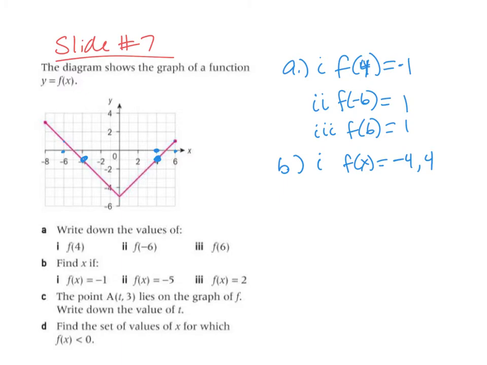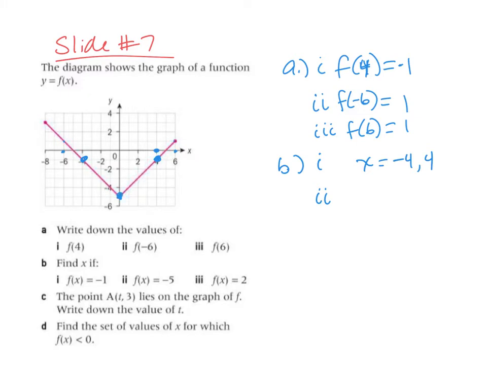And then to find when f of x is -5, oops, I goofed this up. Let me correct that, sorry: x is equal to -4 or 4. And then for II, when f of x is -5, find a point or points that have a -5 for the y value.